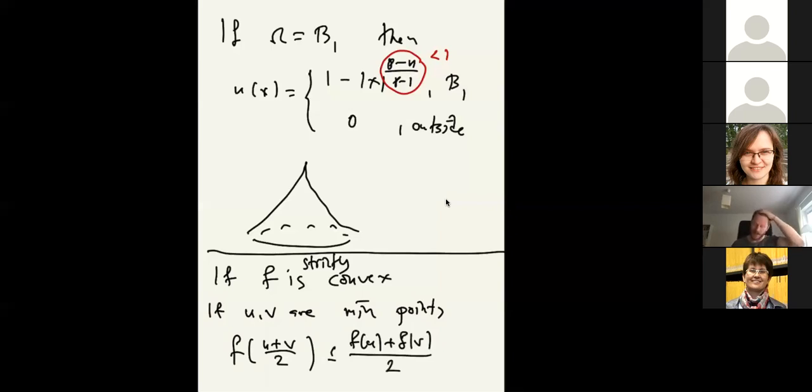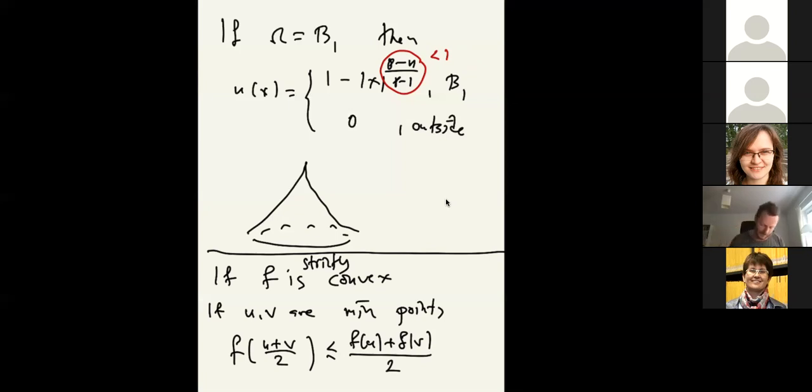And then this, of course, also has to be equal to the minimum value, because it's the average of these two. And then if the function is strictly convex, then you have equality in this convexity inequality, and that forces u and v to be the same. So this, of course, everyone has seen before, but this is more or less the basic idea that I will use, and also I will explain for some other problems that people have been using in order to prove some uniqueness property of minimizers of these problems.